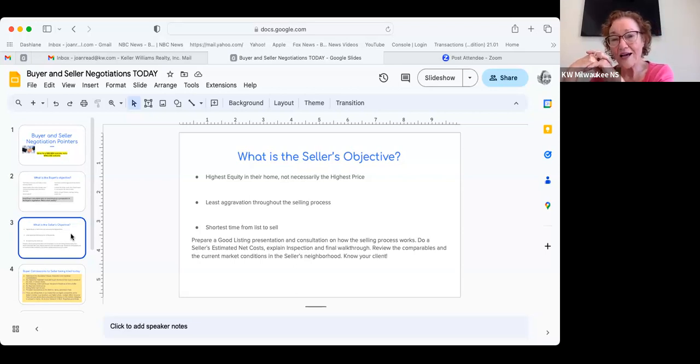They are looking to get the highest return, the highest equity from the sale of their home. So if you're able to take those costs, those expenses they're going to have, and what needs to be done to their house, so that they can get the highest equity out of their house.